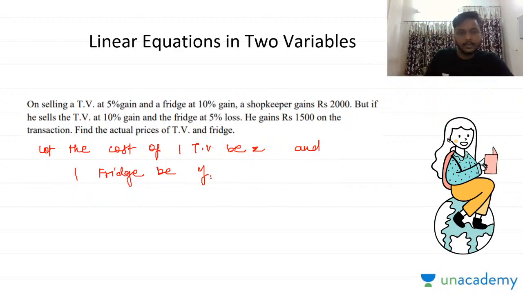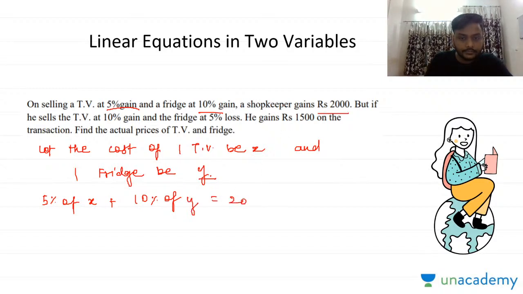Clear? Now understand. When I'm talking about 5% gain, so guys, if the cost is X and I'm talking about 5% gain on the cost of TV, that is X, it will be 5% of X. Plus, I'm talking about 10% gain on fridge, which means 10% of the cost of fridge, that is Y, 10% of Y, is equal to total gain of 2000.